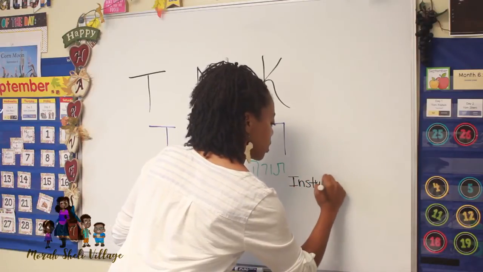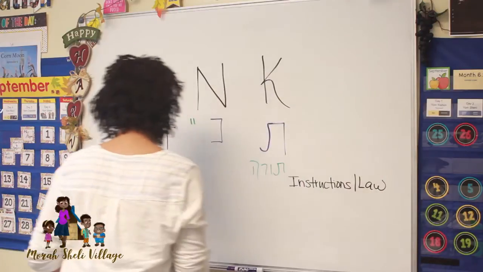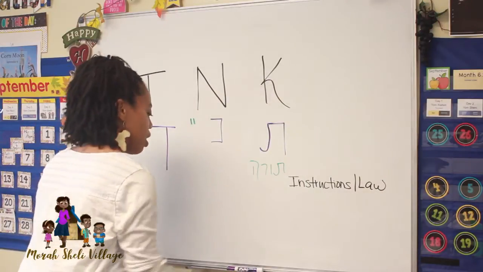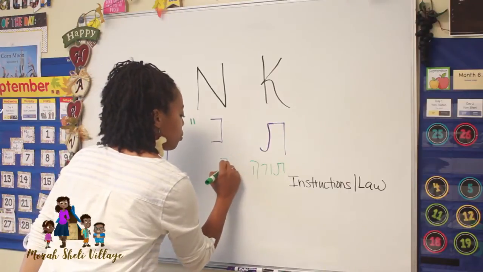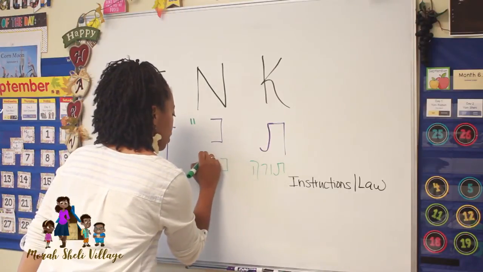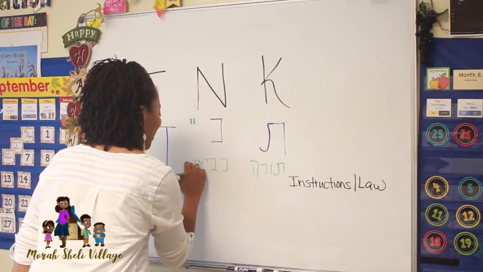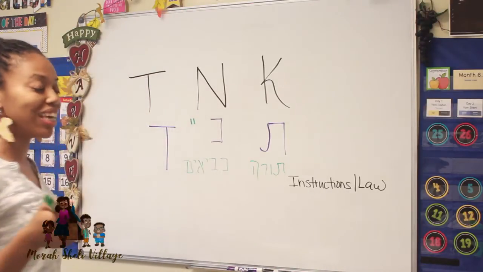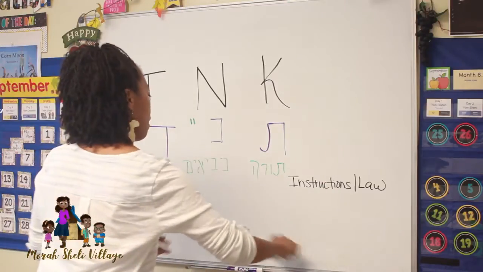And sometimes it translates over as law, right? The noon is going to be Nevi'im. Noon. I think there's an olive in there somewhere. Yeah, there we go. Olives are sneaky because they don't make sounds lots of times. All right, so Nevi'im, prophets.